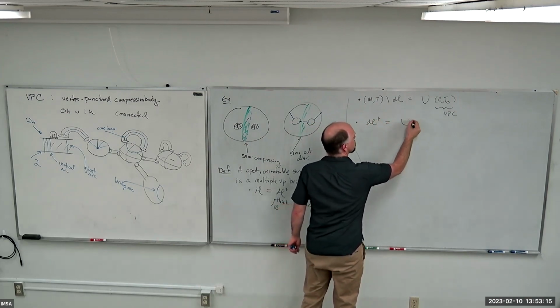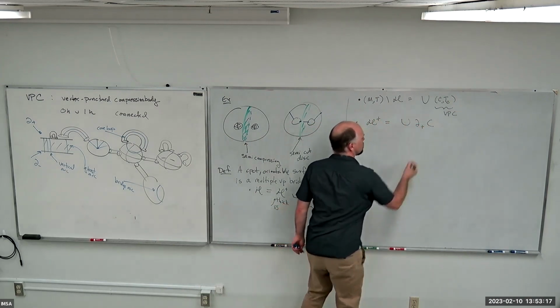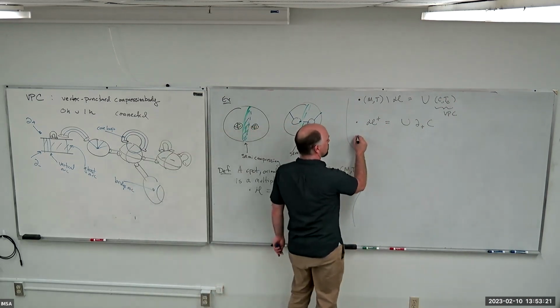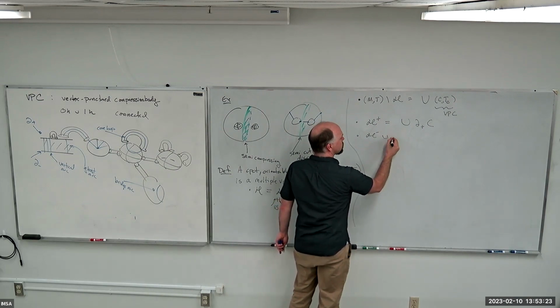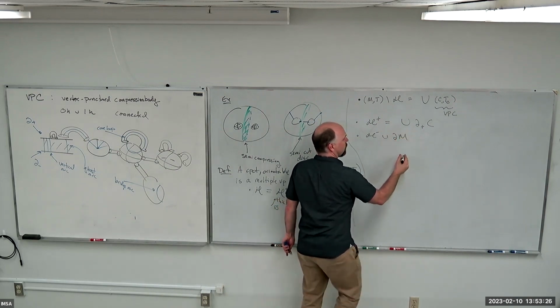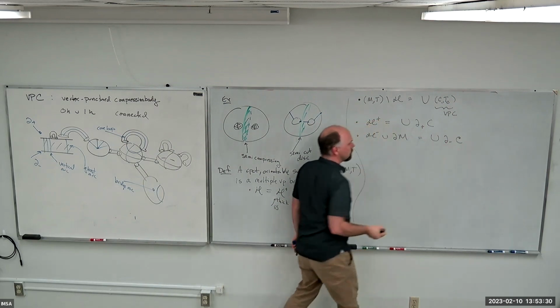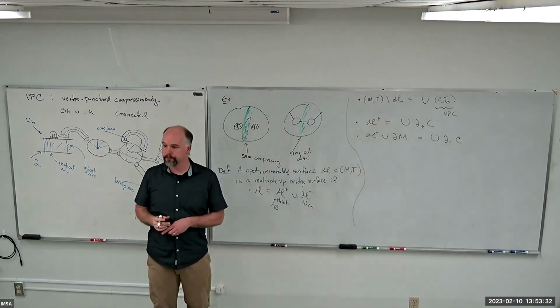The thick surfaces correspond to the positive boundary. And the thin surfaces, together with the boundary of the manifold, correspond to the negative boundary.